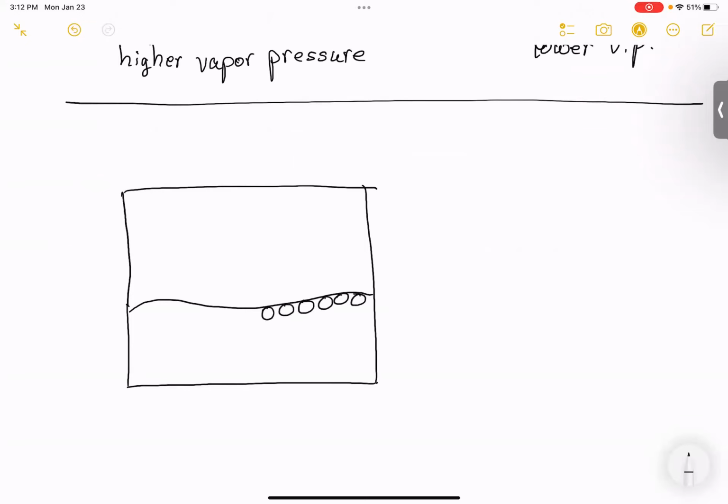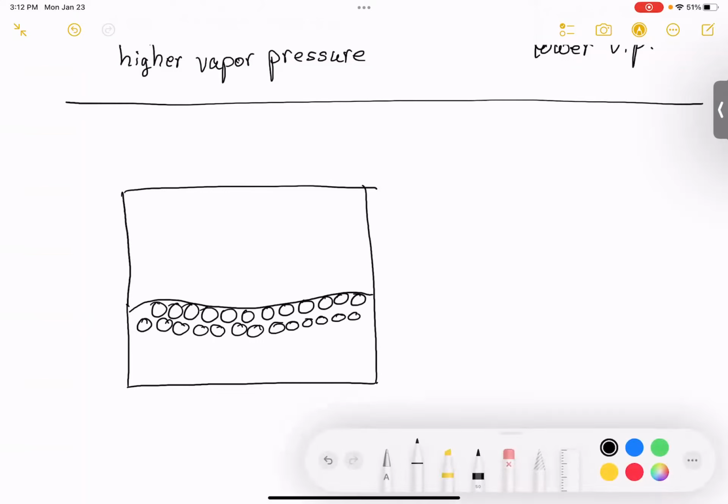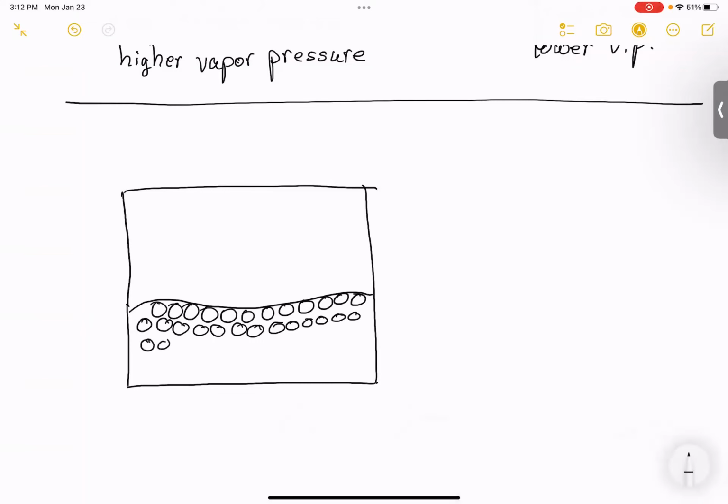What you have to think about with respect to this vapor pressure and this liquid, before we actually get into the vapor pressure, let's talk about intermolecular forces. If we think about intermolecular forces, they are the forces between molecules.